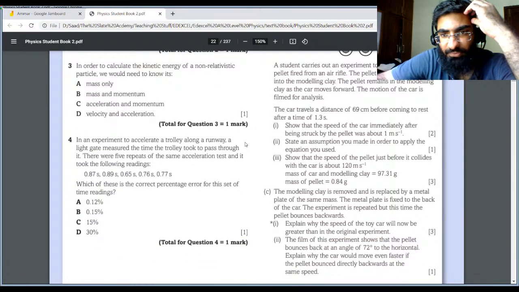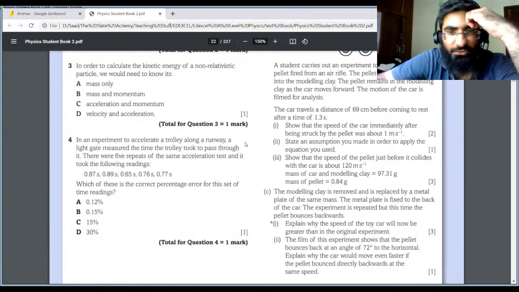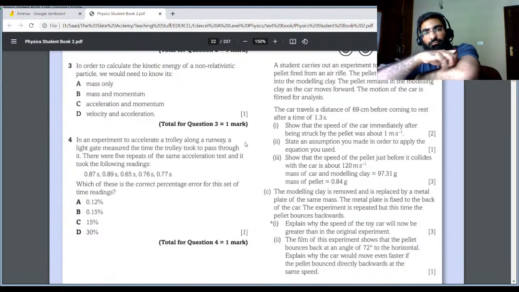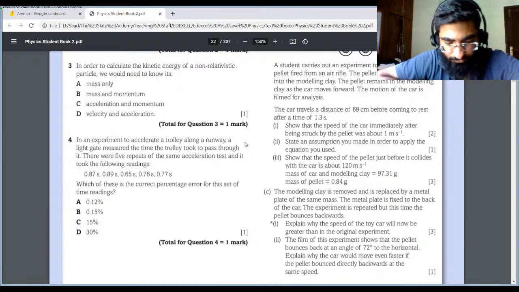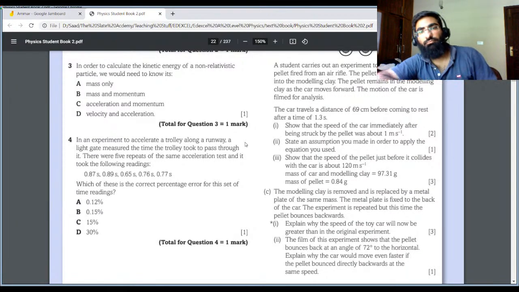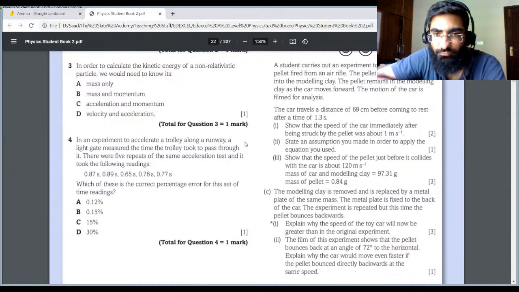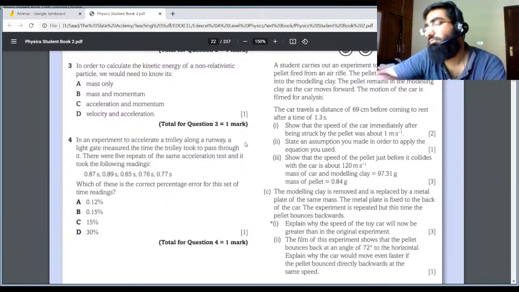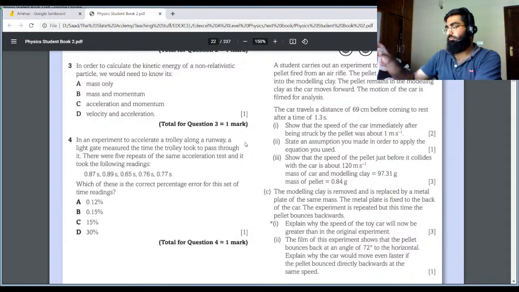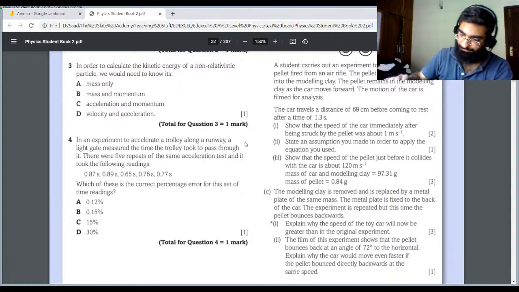Show that the speed of the pellet just before it collides with the car. Mass of car and modeling clay. Momentum question, simple.